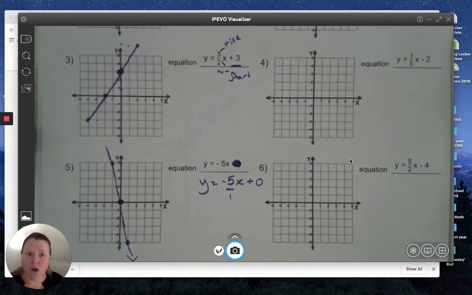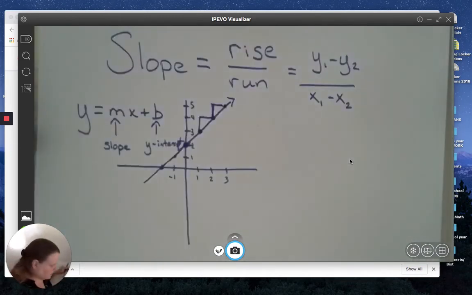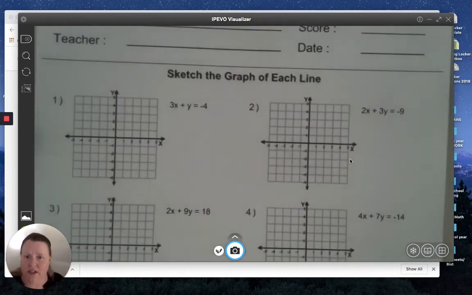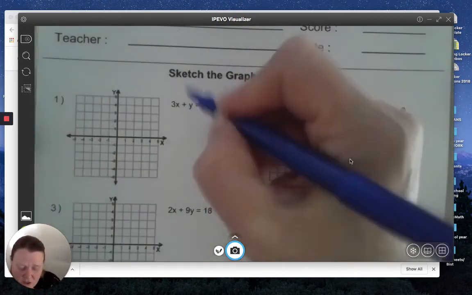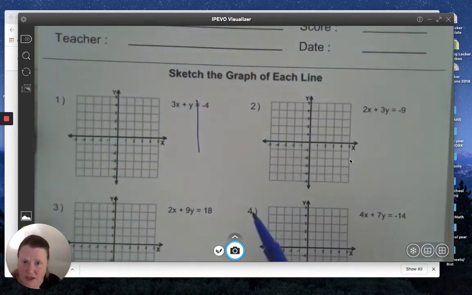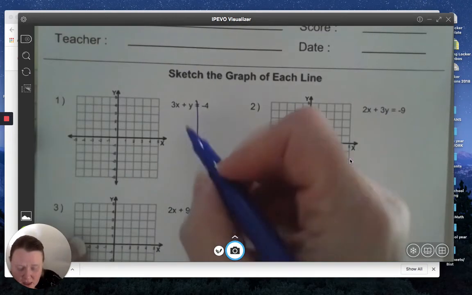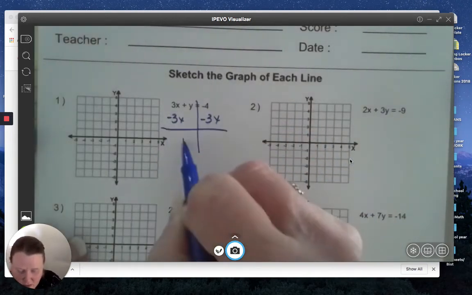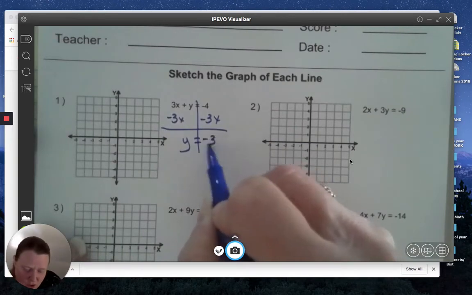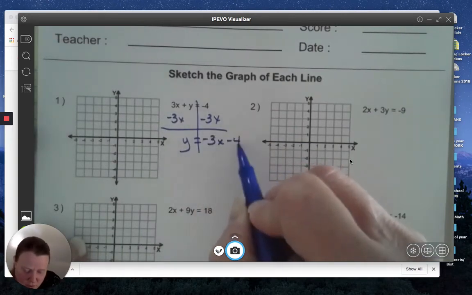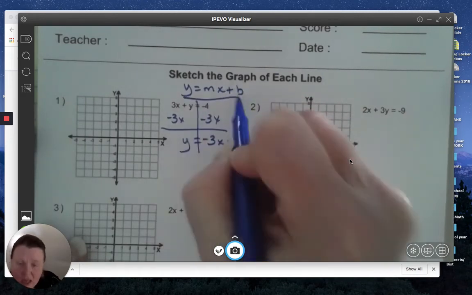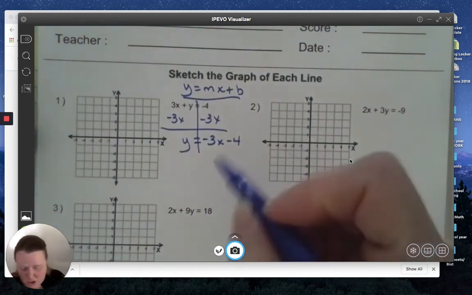Now those are the most common. As we start moving up into the high school class, I will tell you that we will be giving you equations that look like this. And so the first thing you have to do is rewrite it so that it is in the slope-intercept form. And so I'm going to go ahead and subtract my 3x. And like I said before, when you're rewriting them, if you go ahead and rewrite it in the y equals mx plus b format, it will make things a lot easier for you so that you'll be able to graph it.